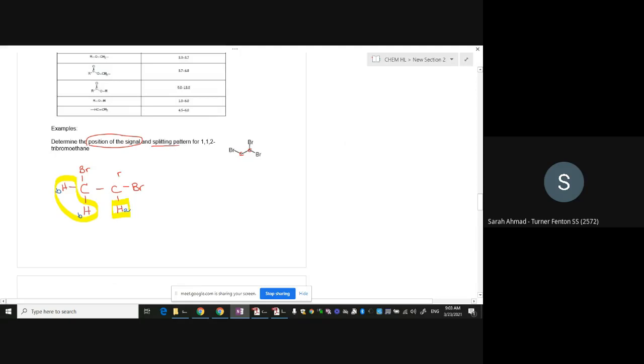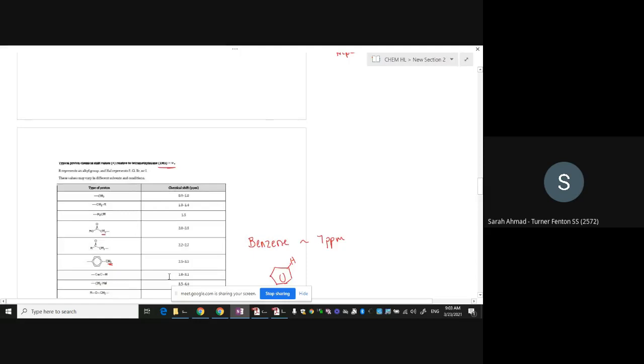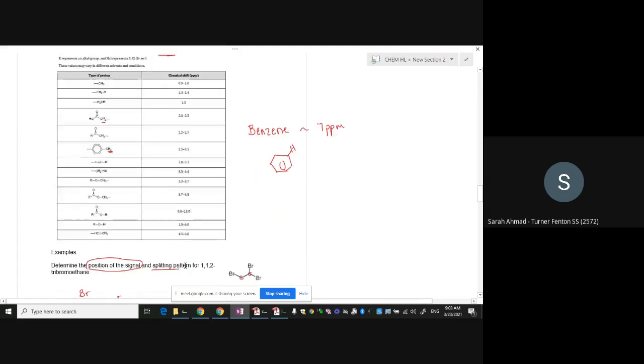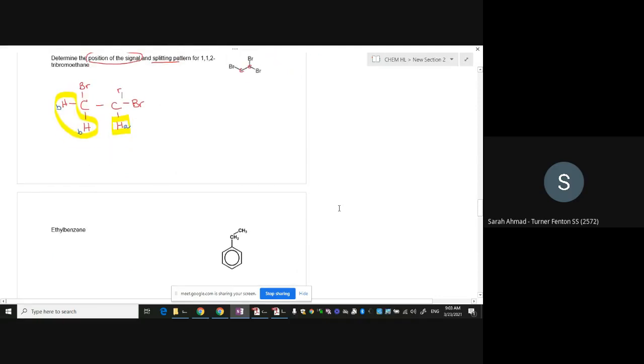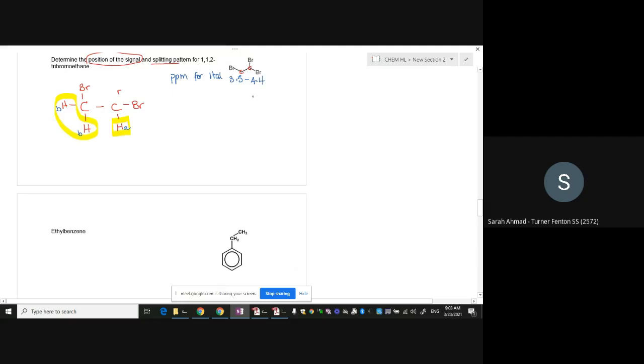All right. Now let's go back to the chart and figure out where we're expecting absorption. The chemical shift for a halide is around 3.5 to 4.4. Okay. Our range, the ppm for a halogen, is 3.5 to 4.4. Now, guys, which one will hydrogen A be?